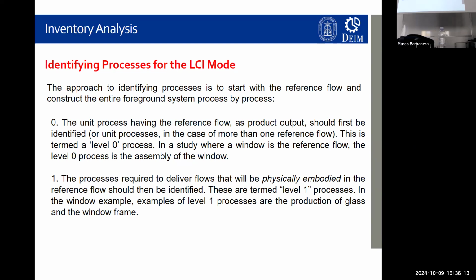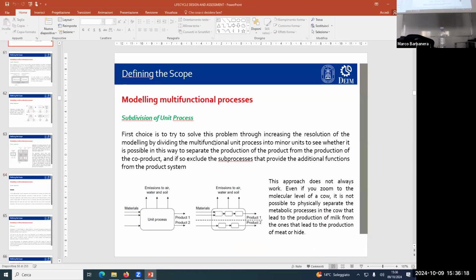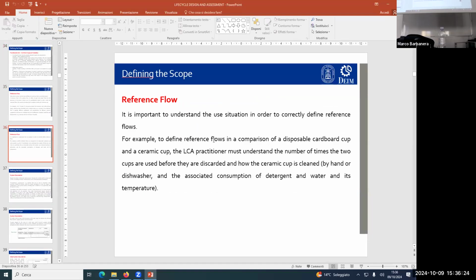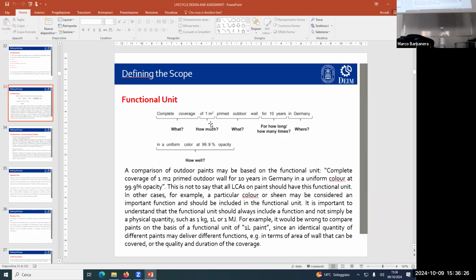We saw this kind of example when we defined the functional unit: for outdoor paints, a possible functional unit useful to consider the quality of the paints could be this one.